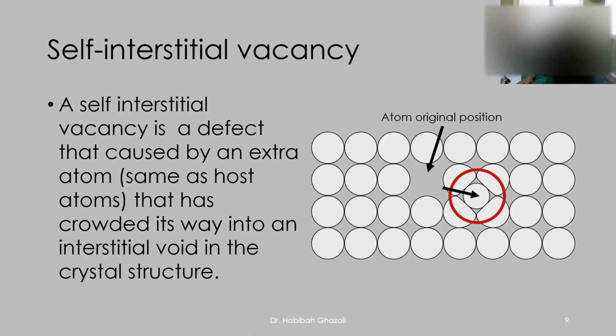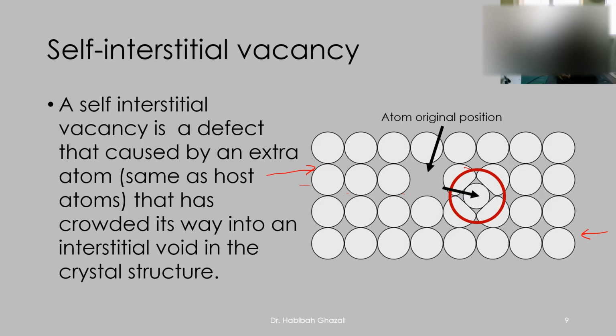Again, as you can see here, if you look at this plane, if these atoms need to slide, for example, if you apply shear force here, the atoms on this plane will want to slide.